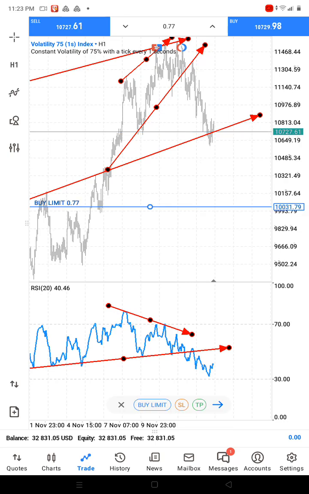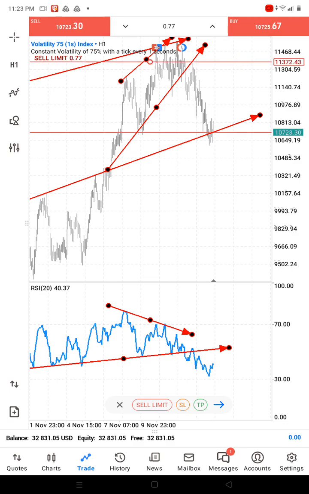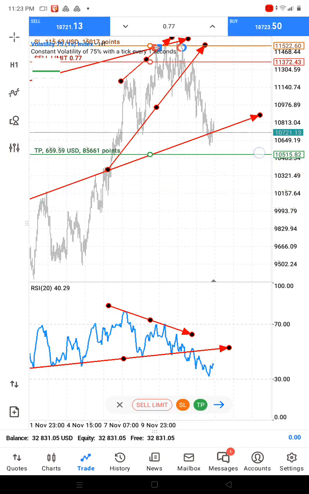So I would love to showcase to you what if I put on a sell order at this point with a stop loss just a little bit above, or just above, a stop loss of about, you can see it's about $123, and then I put a take profit.